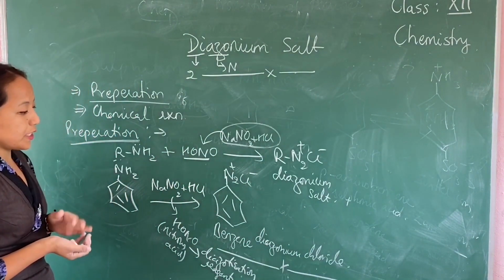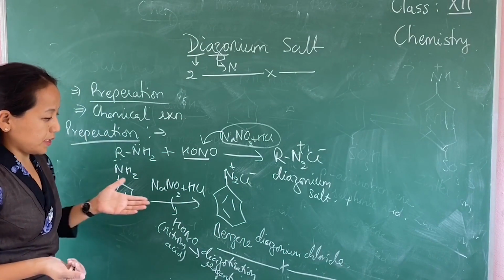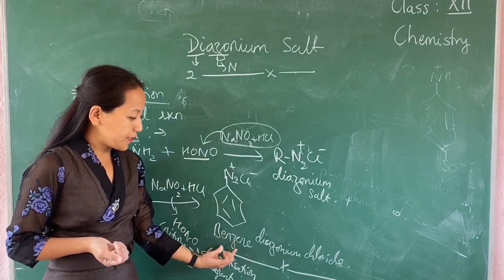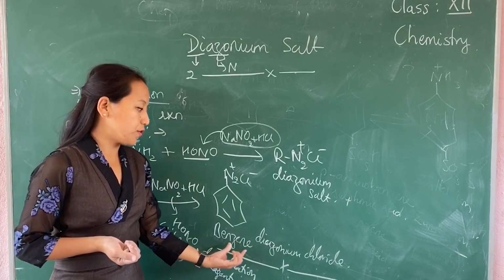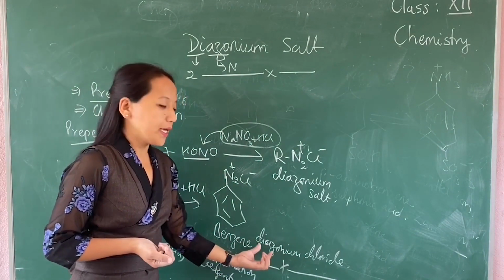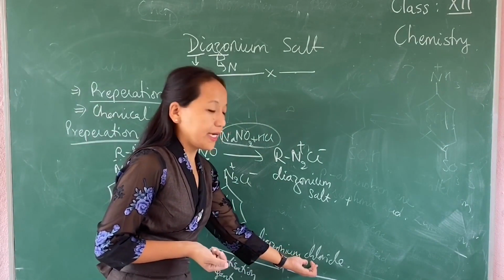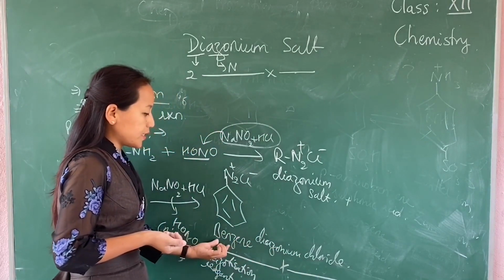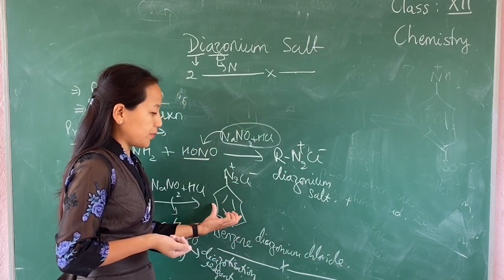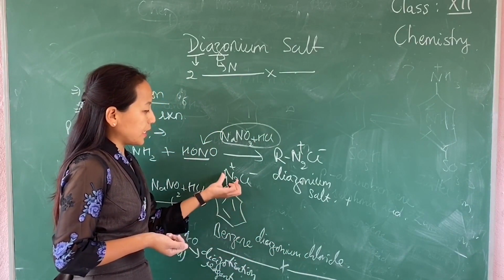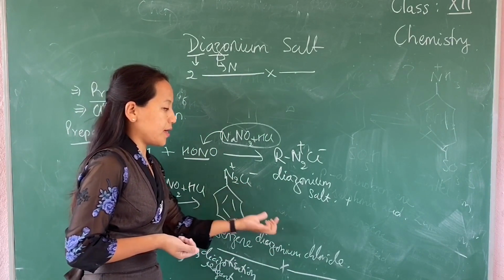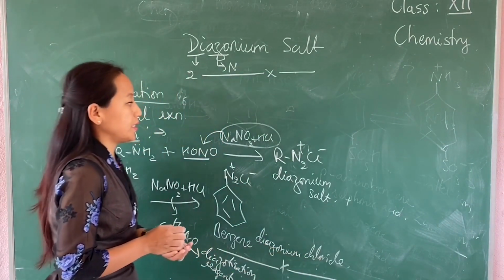So the diazonium salt is always named in this way. You will first take the name of the hydrocarbon followed by the word diazonium, and finally the suffix will be the anion. So in this case, benzene is the hydrocarbon part, benzene diazonium, and the name of the anion, benzene diazonium chloride.